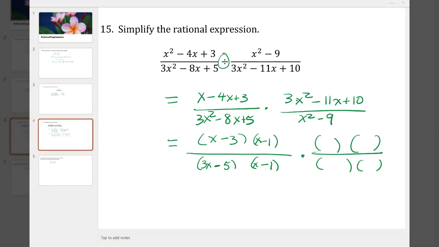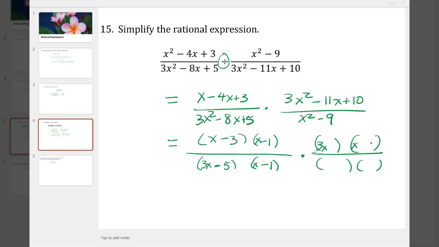Again, this one is a minus 11 and you have a 10. So once again, you have a 3x and an x, and it's minus 11x. So you need something that multiplies out to 10 and then adds up to negative 11. Let's try 5 and 2.